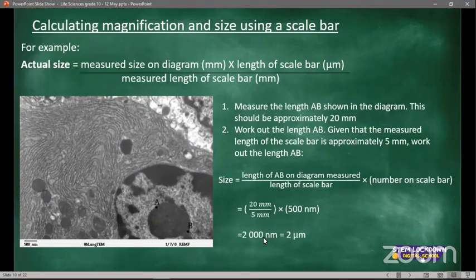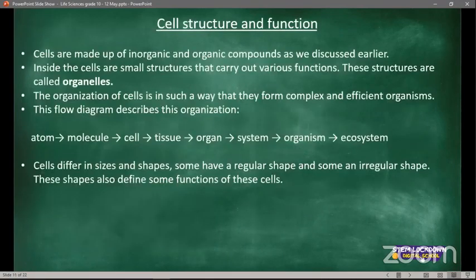You just divide it by 1,000 and you get 2 micrometers. So from nanometers to micrometers, you divide by 1,000. Are you guys fine with all these calculations?